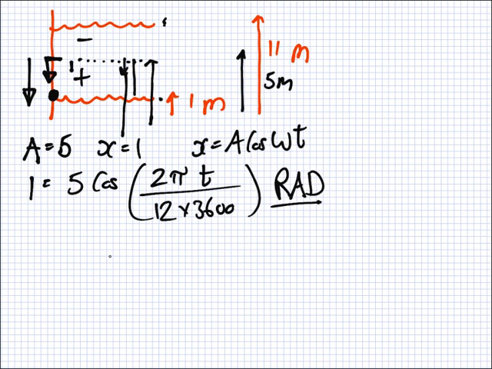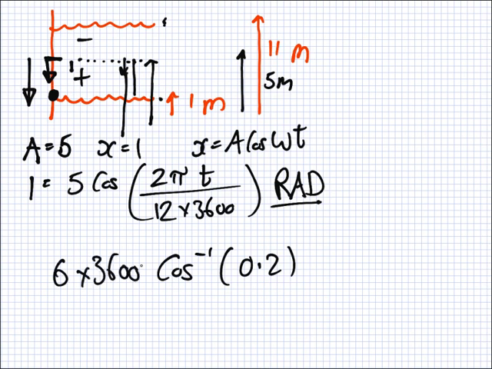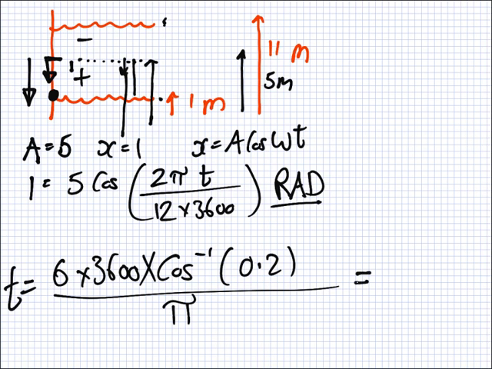So let me see. Cos inverse 0.2 times 6 times 3600 over pi. What's that? 9415.